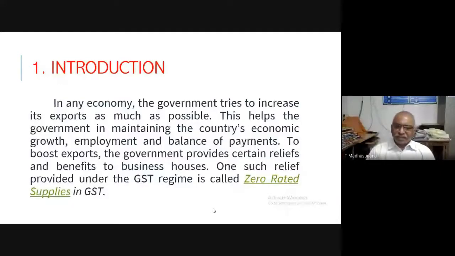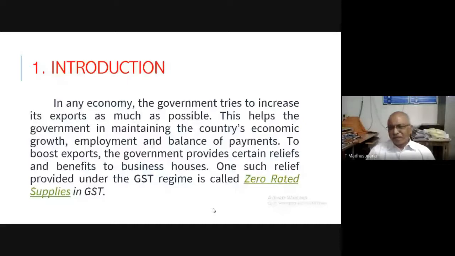Because of this export orientation, the country's economic growth will improve, and the employment opportunities available to educated and skilled youth will improve, and the balance of payments position will also be favorable, as there is a surplus in the foreign trade.